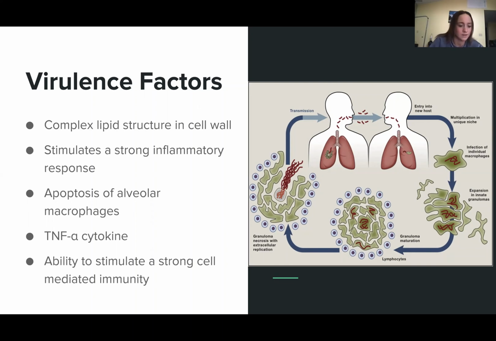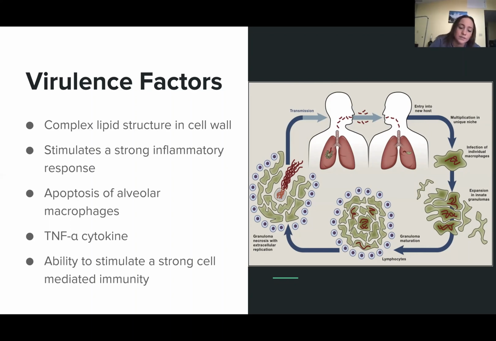So again, this slide just shows some of the virulence factors which really come into play from the complexity of the lipids that Emily talked about. And the image again shows the host, where the droplets come in through the mouth, into the respiratory tract, in the lungs, where they reach the alveoli, and then the macrophages begin to form in response, which leads to the formation of granulomas that form the barrier.